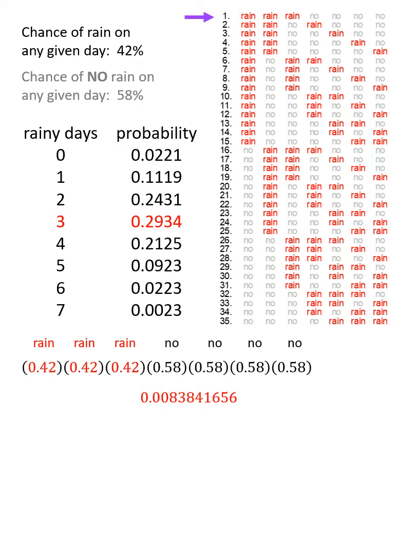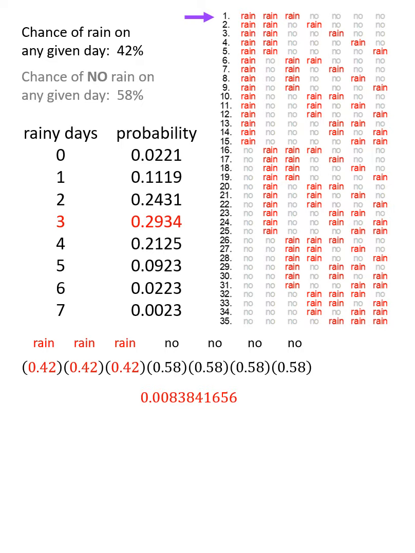I need to know the probability of line 2, line 3, line 4, all the way down to line 35. Now it turns out you can easily convince yourself that any one of these 35 outcomes is equally likely and has a probability of the number at the bottom of your screen, 0.008, and so on.